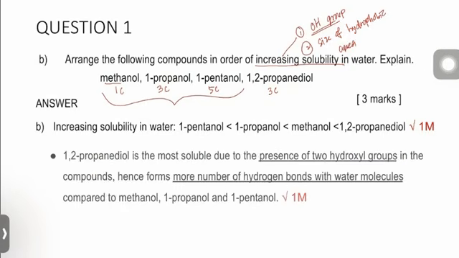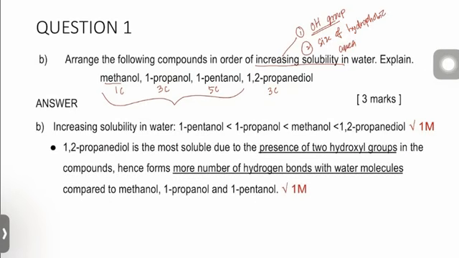First, we explain 1,2-propanediol, which has 2 OH groups. 1,2-propanediol is the most soluble due to the presence of 2 hydroxyl groups, which means it can form more hydrogen bonds with water molecules compared to methanol, 1-propanol, and 1-pentanol. That is 1 mark.